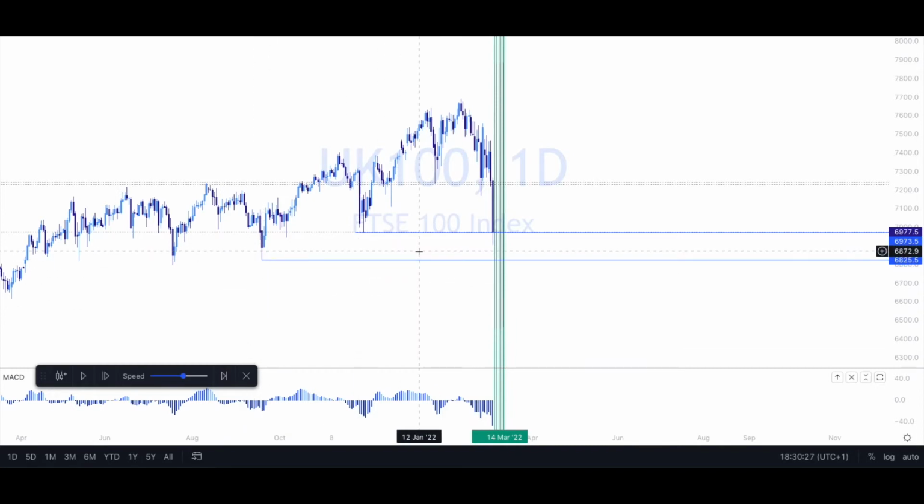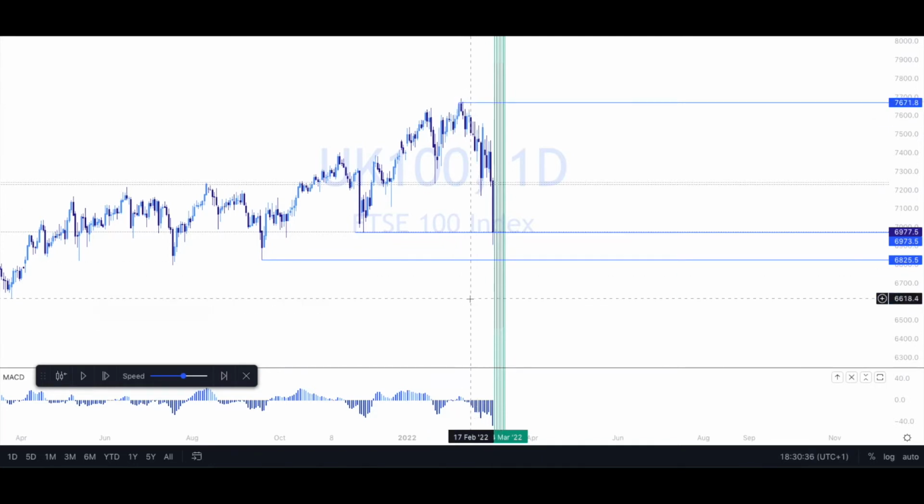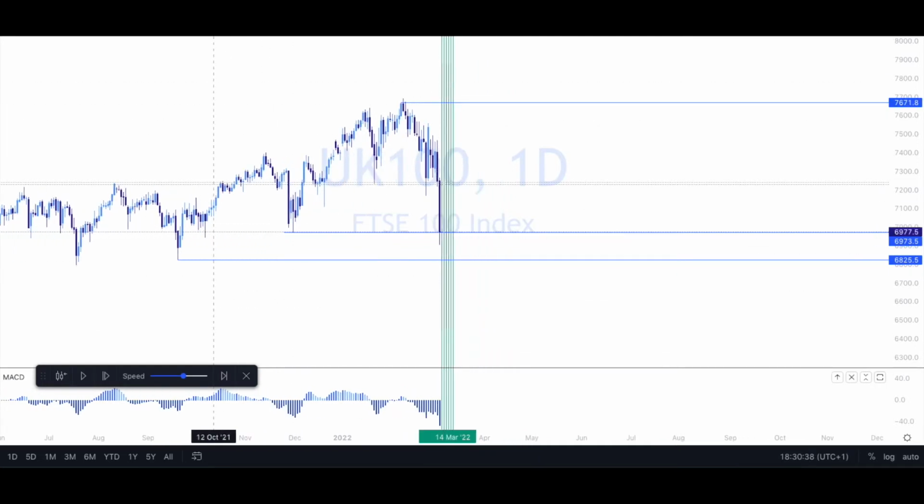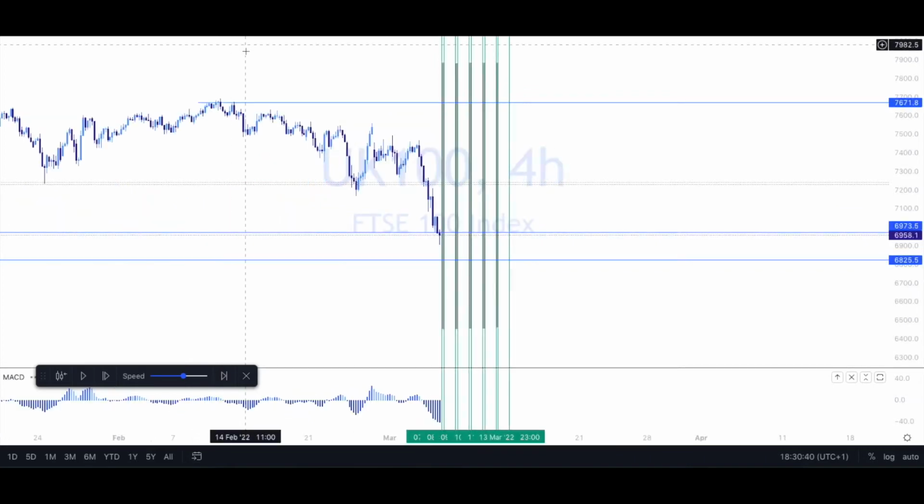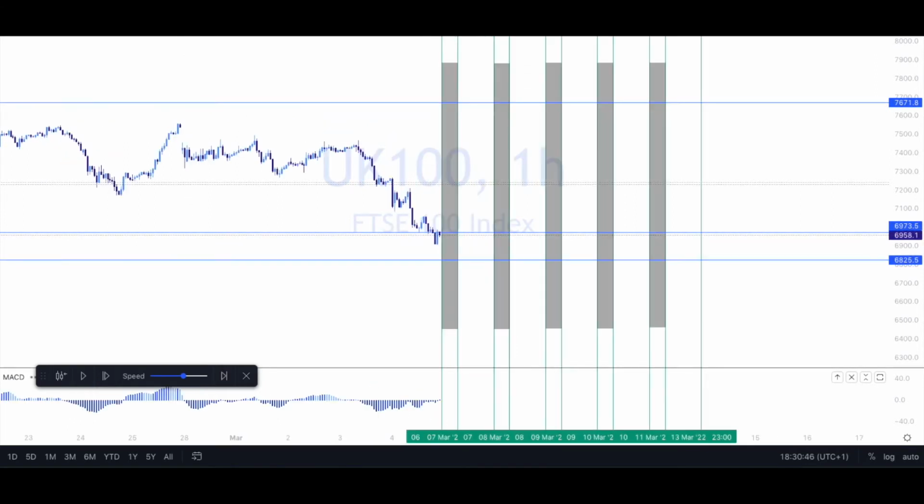These are daily levels, and this is a daily high. So we're going to go back incrementally into 4 hourly, and then we're going to go into the hourly.